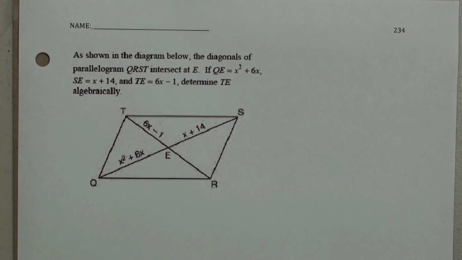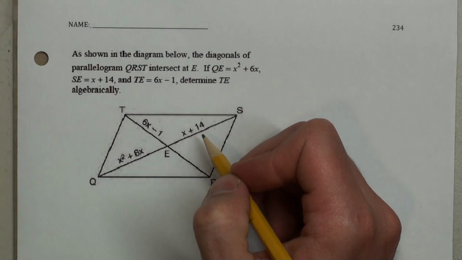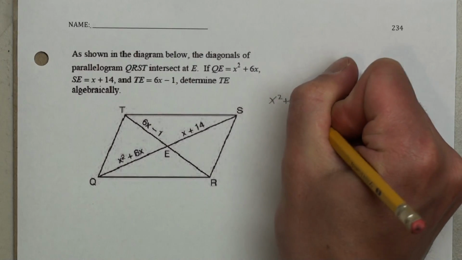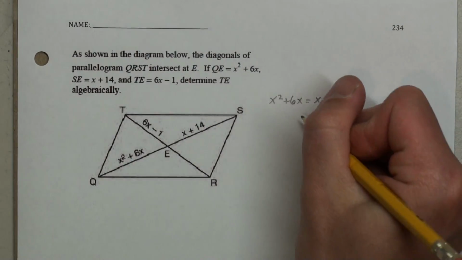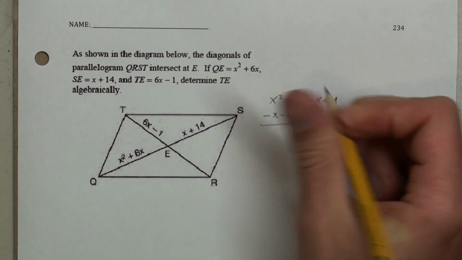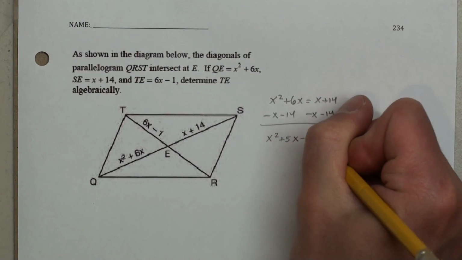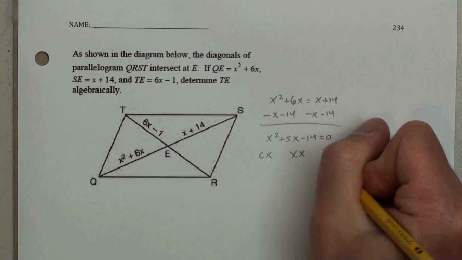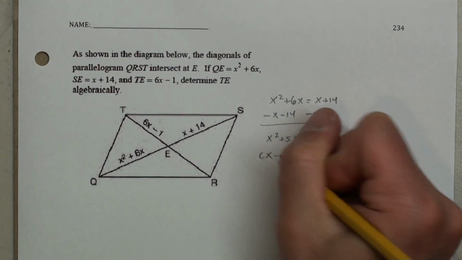234. Okay. So x squared plus 6x equals x plus 14 because the diagonals bisect each other. So I've got to solve a quadratic here. I got x squared plus 5x minus 14 equals 0. Do double bubble. A 7 and a 2. One's positive, one's negative.